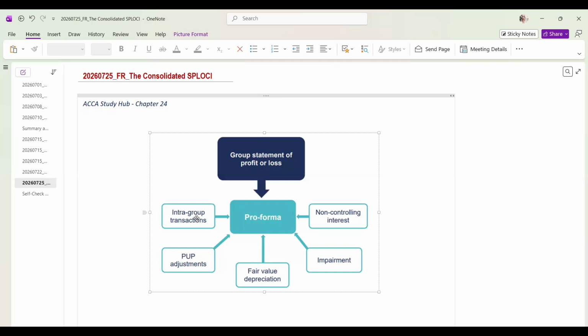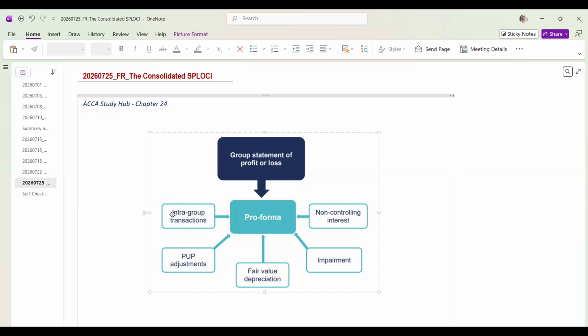So, for example, if the parent has acquired 85% of the shares of the subsidiary, then the remaining 15% of those shares were acquired by other people. We call these other people non-controlling interest. When you are copying your pro forma, so long as there is a non-controlling interest, which means the parent did not buy 100% of the shares, then we introduce a line somewhere to represent the interest in the profit of the group that these 15% shareholders in the subsidiary have.